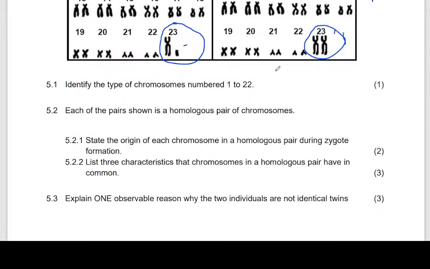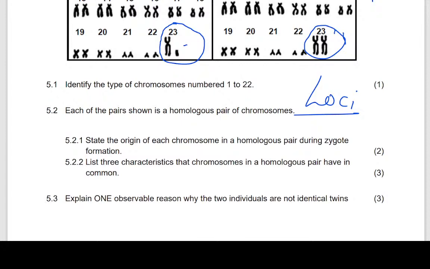Locus means the position of a gene on a chromosome. If there are many, we call them loci. So the same genetic composition. I think I'm clear there.